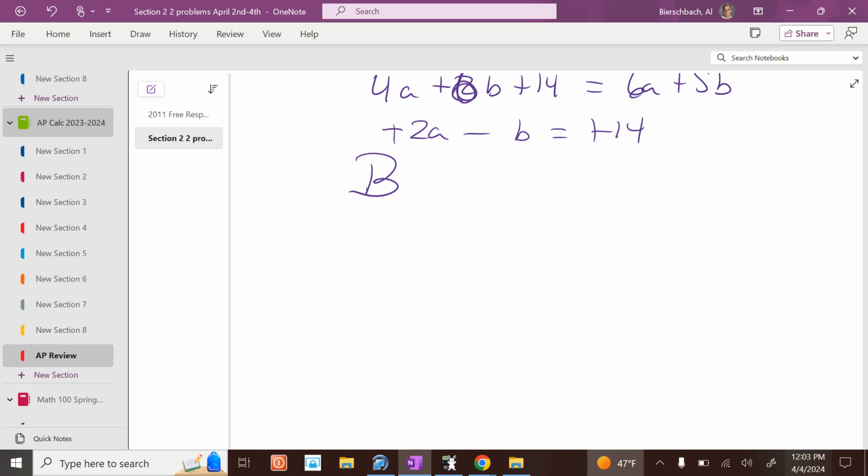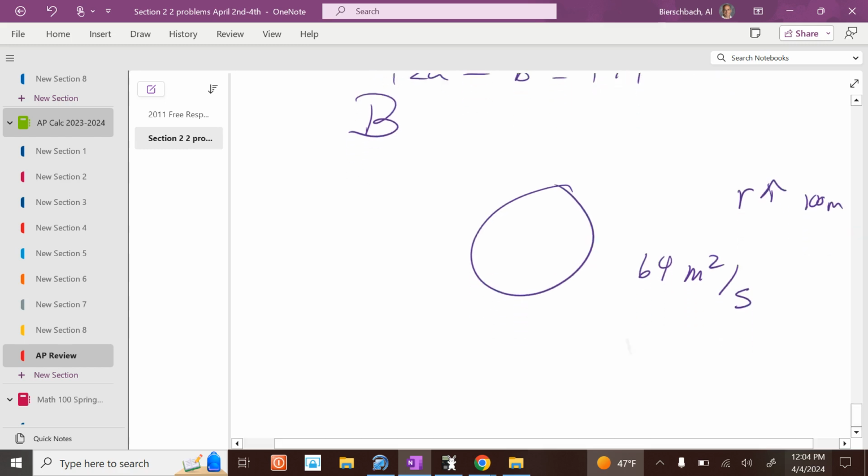So it's a circle, and the circle is increasing at a rate of 640 meters squared per second. So that's talking about the area if it's meters squared. How fast is the radius increasing when it's 100 miles from the origin?